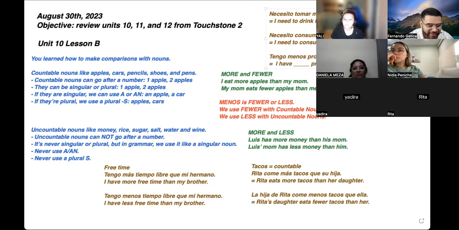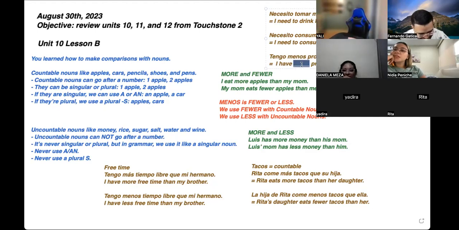Fewer or less? Fewer. I think problem is countable. It is countable. 1 problem, 2 problems, 3 problems. Yo puedo contar los míos. Fewer. Exactly. You change your mind, Rita? Yeah. Okay. Cool.